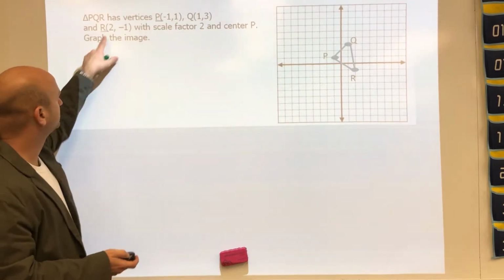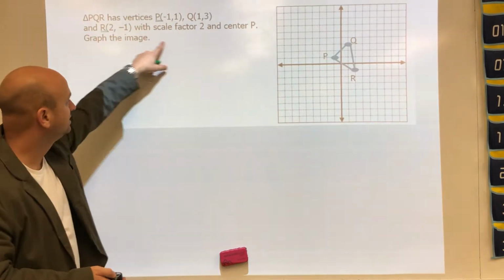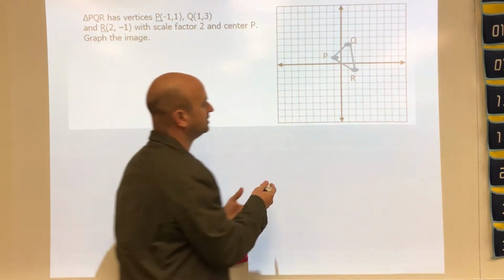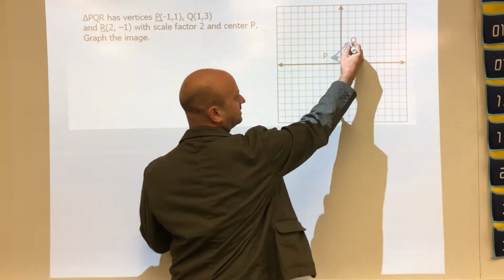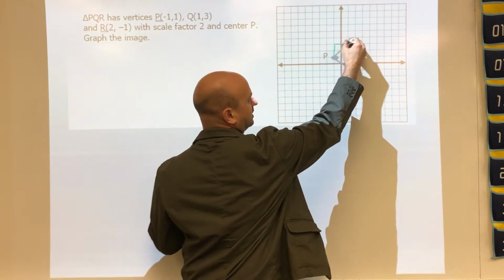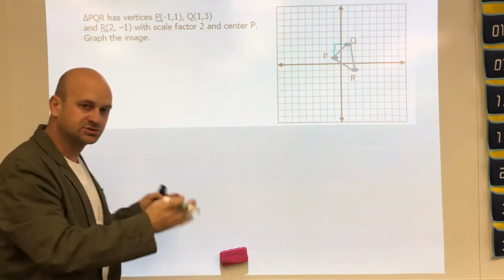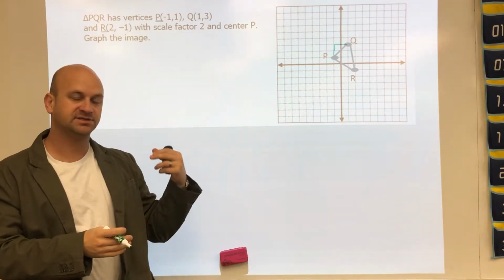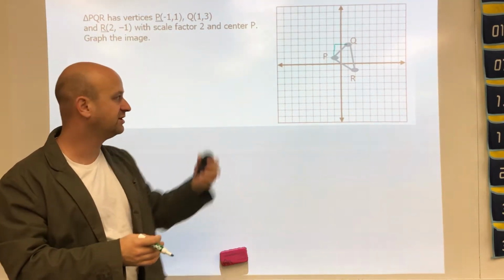All right, here's an example where we have 3 points graphed, scale factor of 2, and we're centering at P. So here's what we're going to end up doing. From P to Q, we go up 2 and right 2. So just like the first example we did, if we're scale factoring of 2, that means the image would be up 4 and right 4.